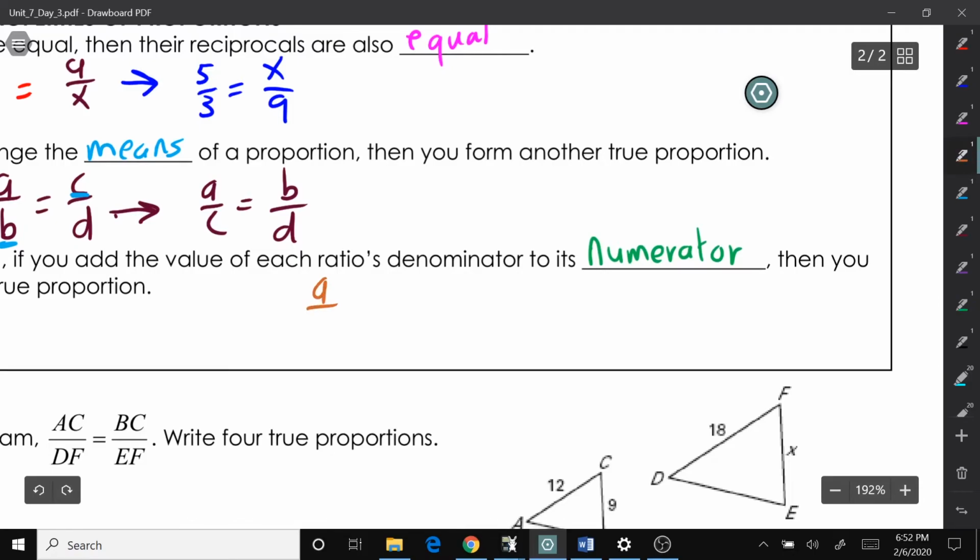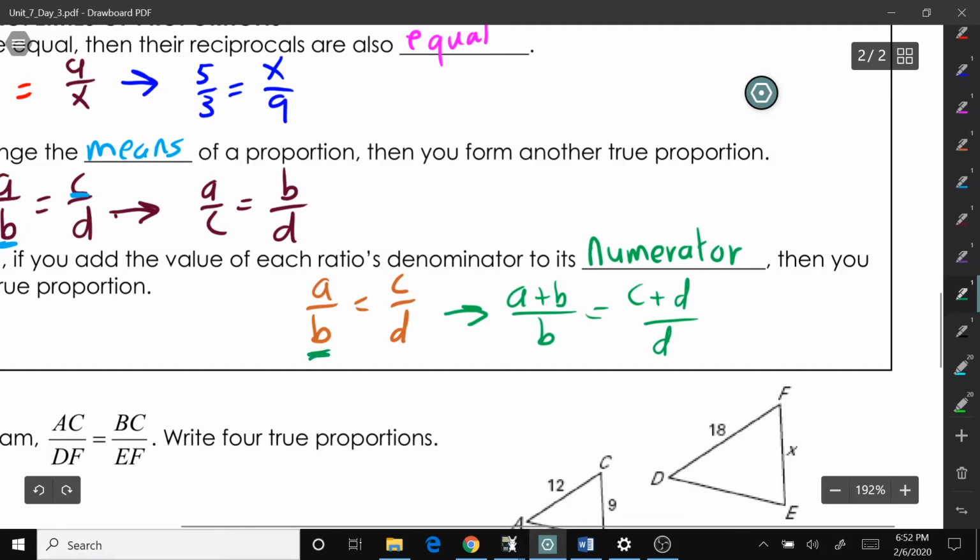So we have A over B equals C over D. And then that leads us to A plus B over B equals C plus D over D. So I took the denominator of each fraction and I added it to the numerator.